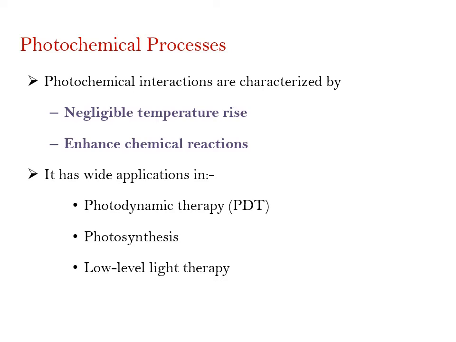Several applications of these photochemical interaction mechanisms have been used, including photodynamic therapy, photosynthesis, and low-level light therapy. Photodynamic therapy is a well-known therapeutic process that uses laser light. We will see this photodynamic therapy principle in detail next.